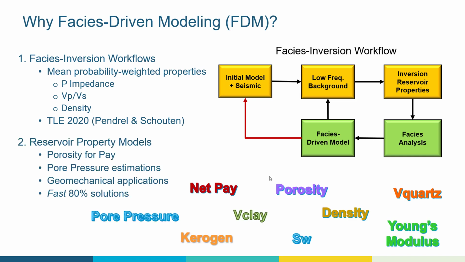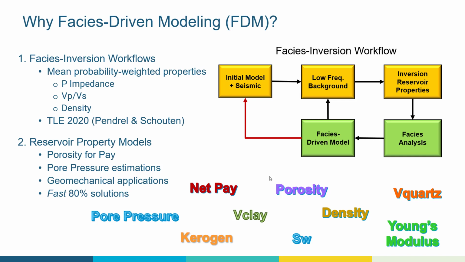As I said, we will show you that, but the new stuff that I'm a little more excited about is making reservoir property models. So why would we want to do that? There are just so many things we can make, and you see them listed there. Porosity for pay estimations. If we're doing pore pressure, we want, in some methods, estimates of decay, geomechanical applications. We're interested in V-quartz and density, so we get Young's modulus, that sort of thing.